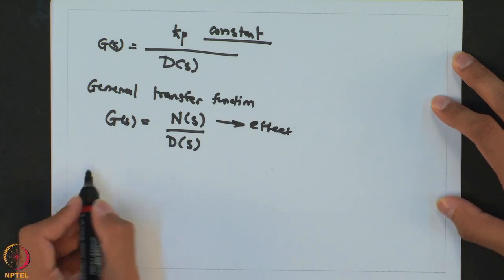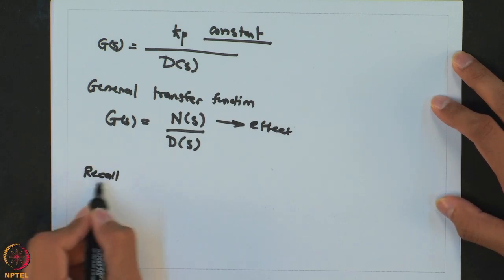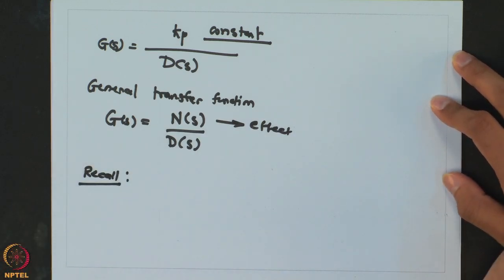So if you recall one example, that was the example when we get a second order system by virtue of having an integral controller on a first order process.